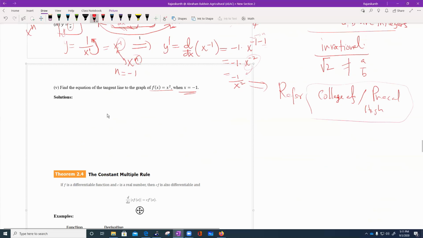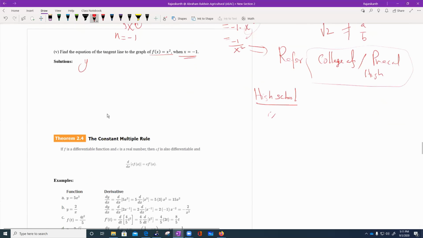So remember, if you are asked to find the equation of the line, again I would say high school.